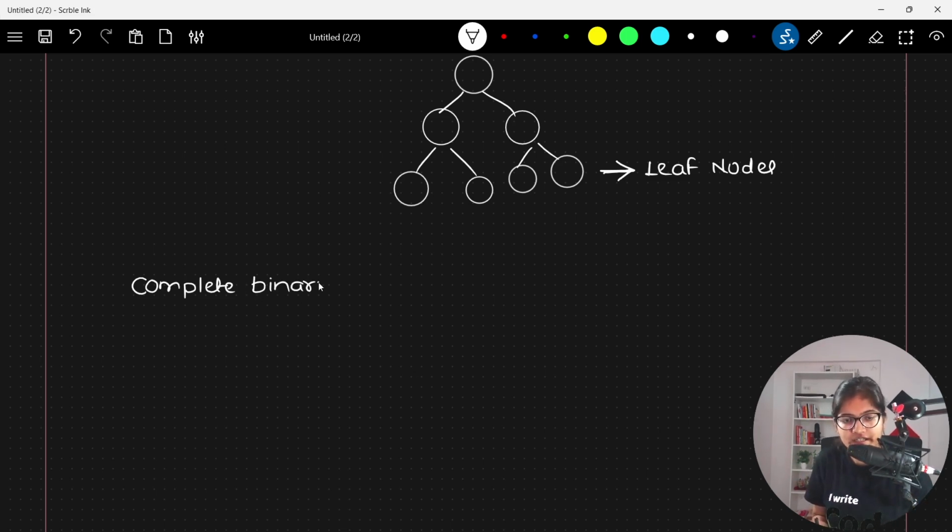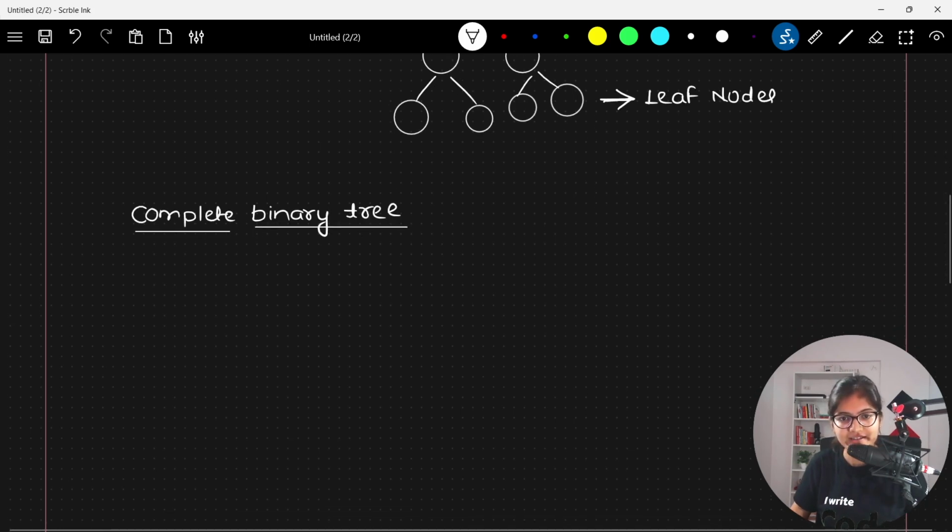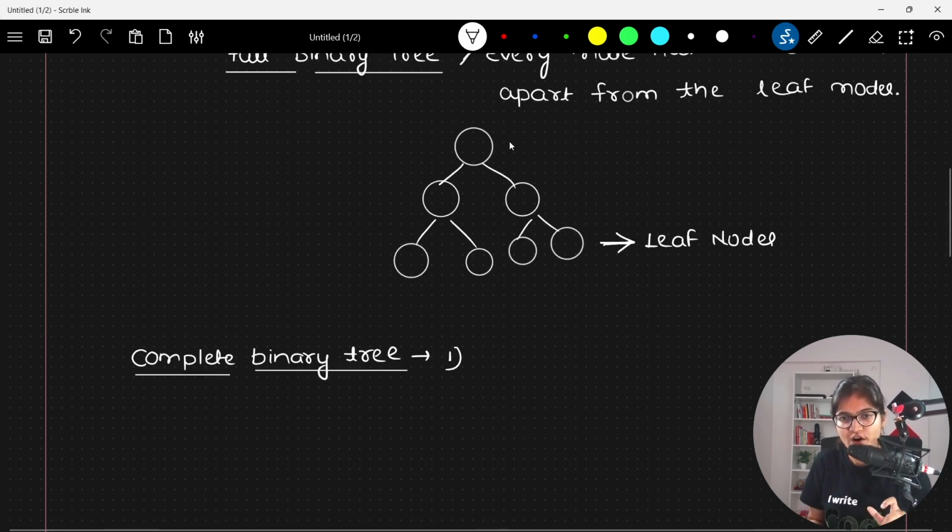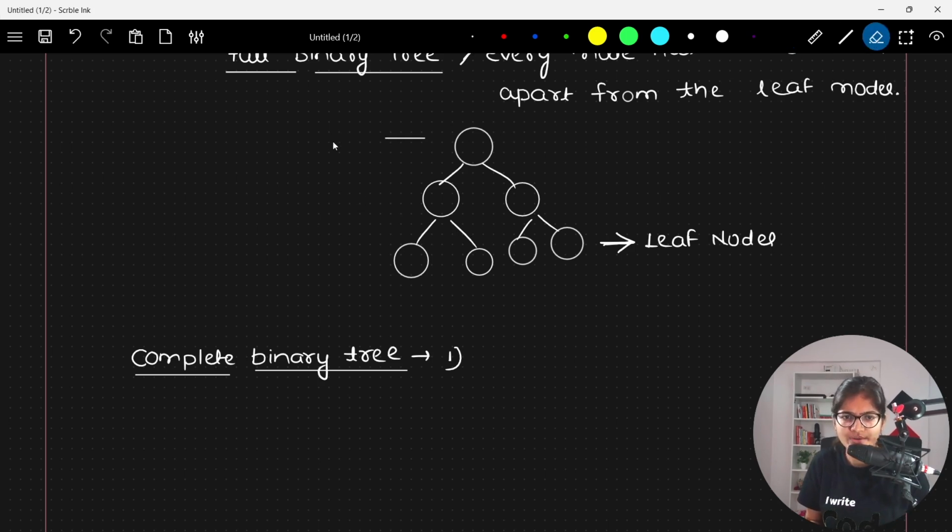So there are some conditions now for a complete binary tree. What is the very first condition? This is what we call a level. This is level number 0, or you can start with level number 1, anything you can say. I am numbering it as 1. This is level number 2, and this is level number 3.